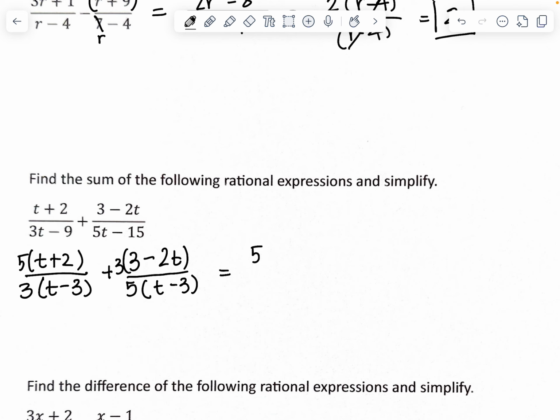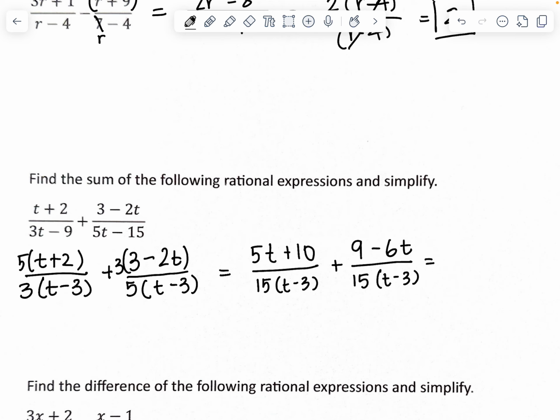So we got 5t plus 10 over, now it's technically 15t minus 3, plus 9 minus 6t over 15t minus 3.